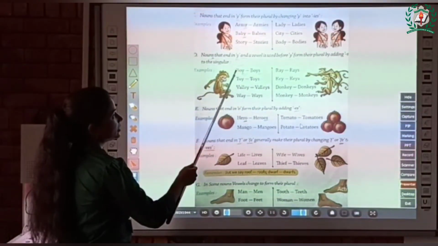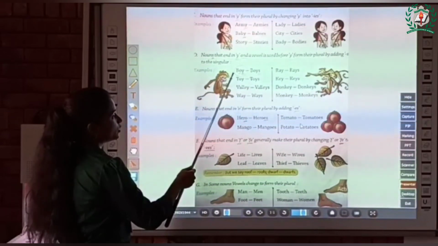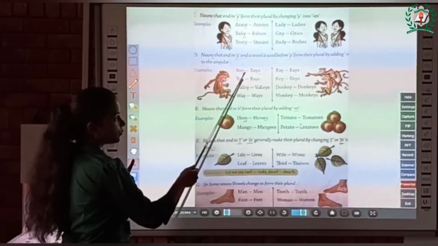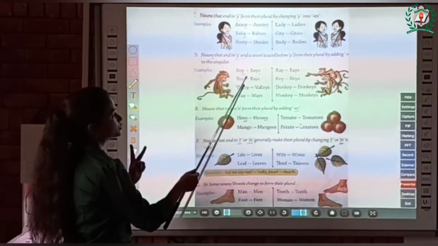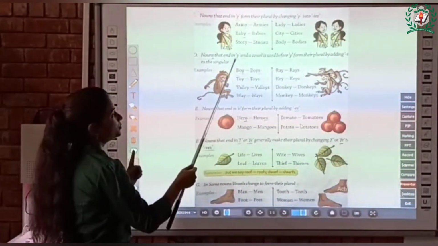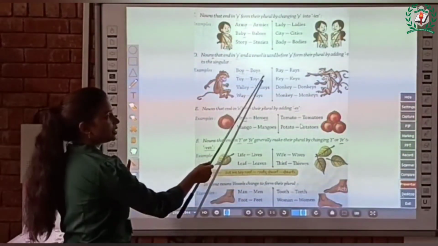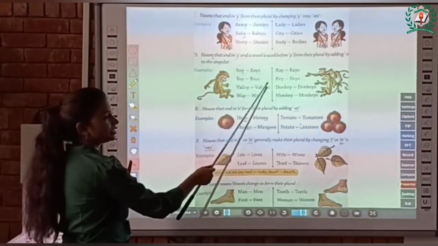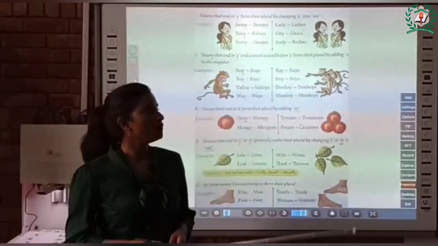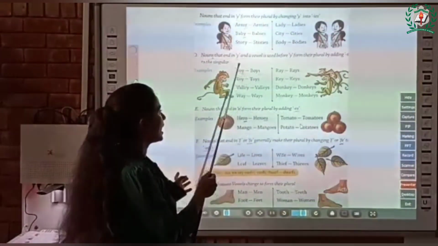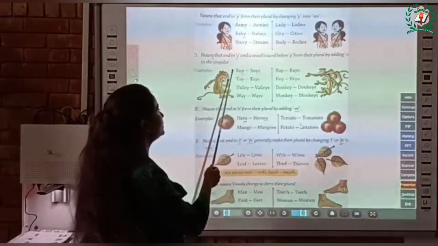So we add s after y. And so one boy becomes two boys. Like this, one toy becomes two toys. One valley becomes two valleys. One way becomes two ways. One ray becomes two rays. One key becomes two keys. One donkey becomes two donkeys. We form these plurals by adding the letter s after the y.